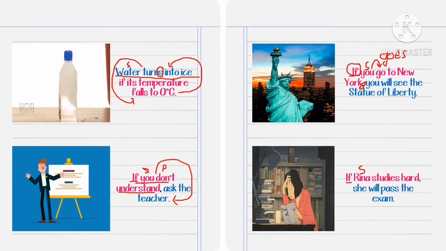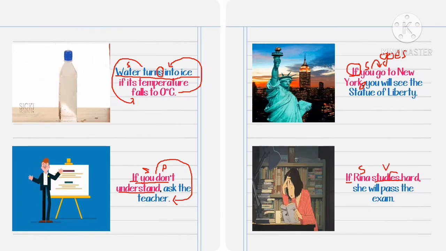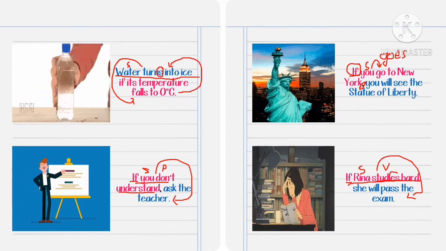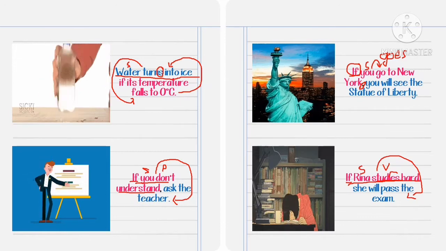So, ang singular verb ng study ay studies. May S. Okay. If Rina studies hard, which sets the condition, kapag mag-aaral si Rina, what will happen or what will be the result of her studying hard? Of course, the result or the consequence of her action will be she will pass the exam.